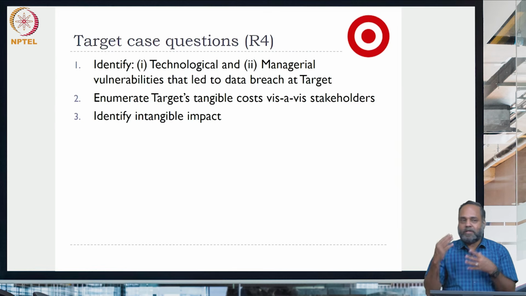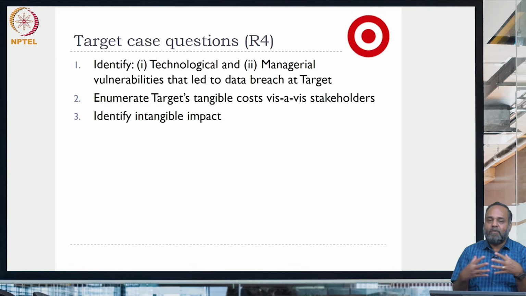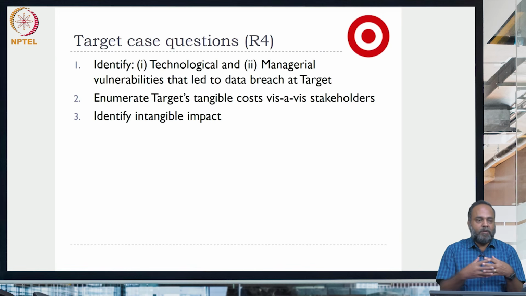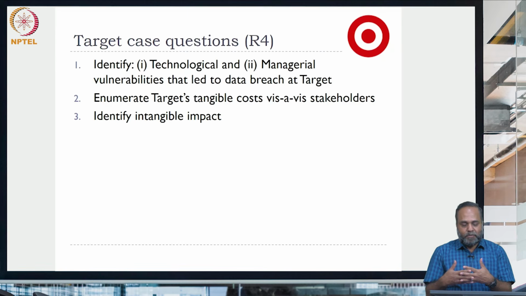So one conflict here is the conflict between efficiency and security. When you implement very tight security, there may be a trade-off with efficiency, and that trade-off is something that needs to be understood.